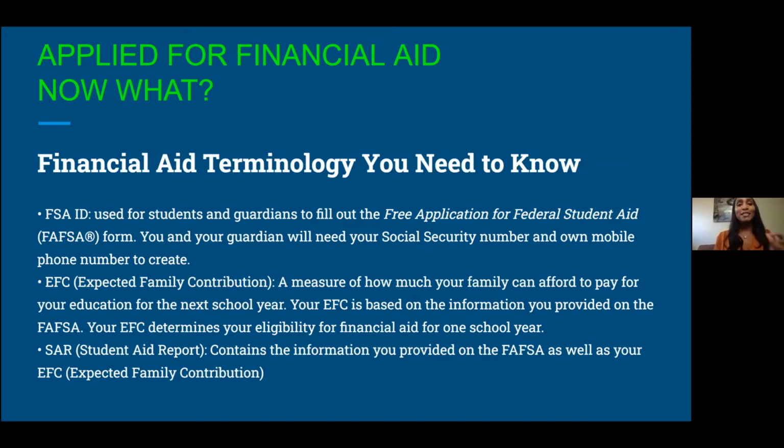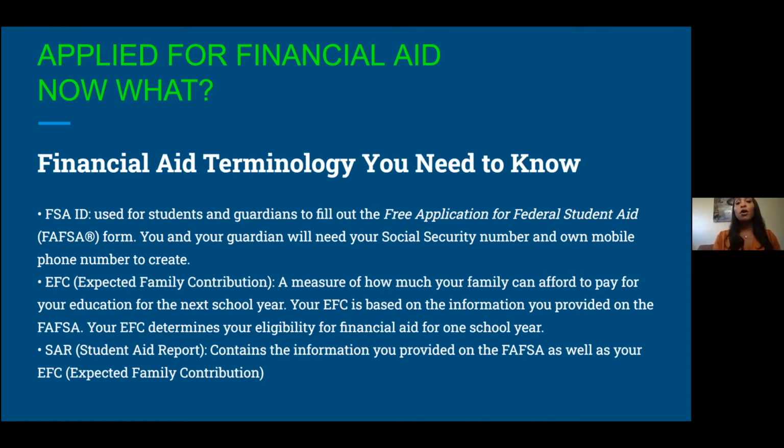All right, so let's get into some financial aid terminology. You are going to come out of this workshop a financial aid expert just like me, based off of some of these definitions that you may need to know. So we talked about the FSA ID. The FSA ID is used for students and guardians to fill out the Free Application for Federal Student Aid.